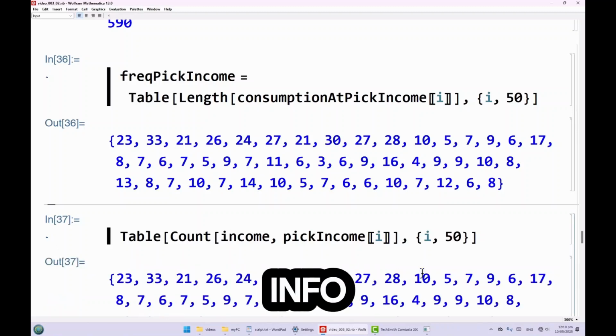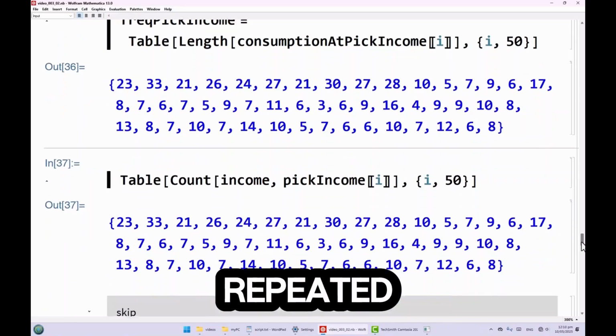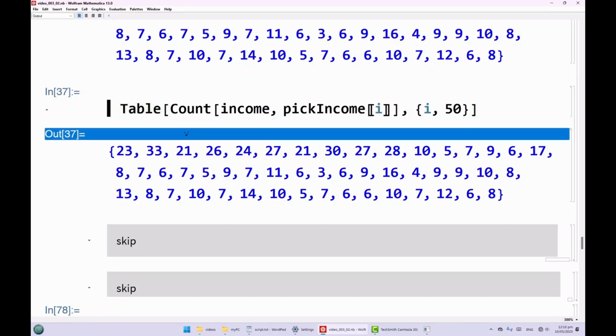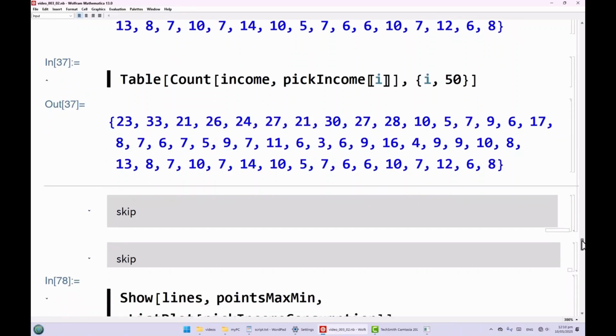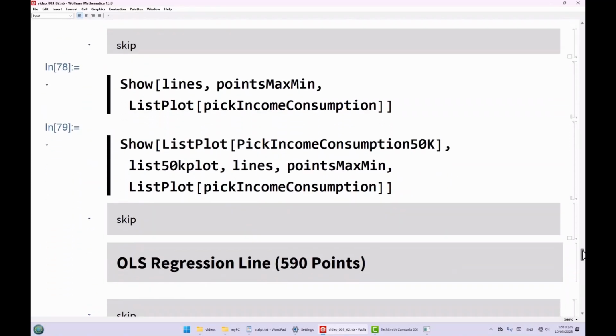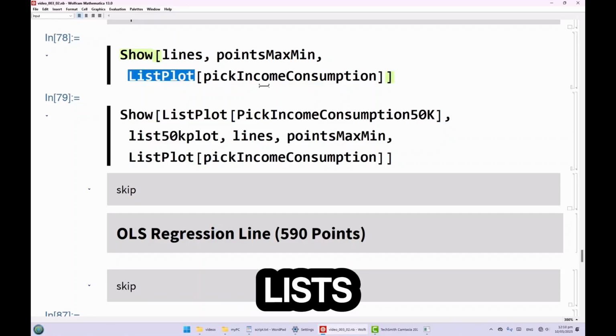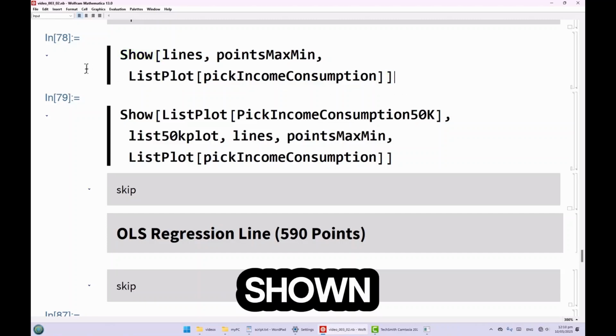Here we extract the info, that which income is repeated how many times. Here we prepare lists of 590 points to be shown in the scatter plot.